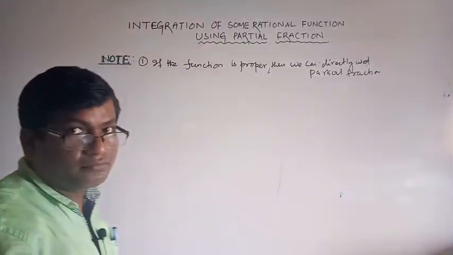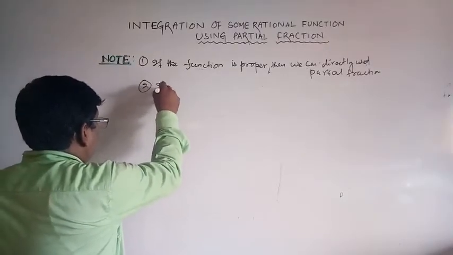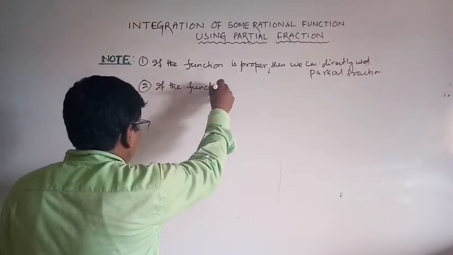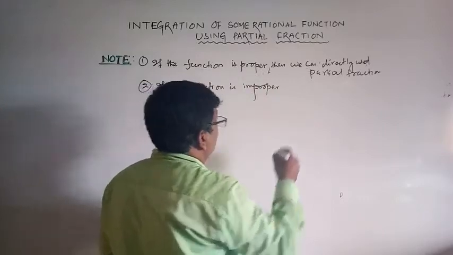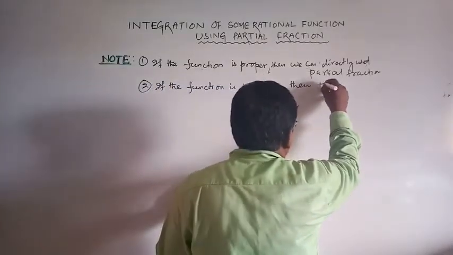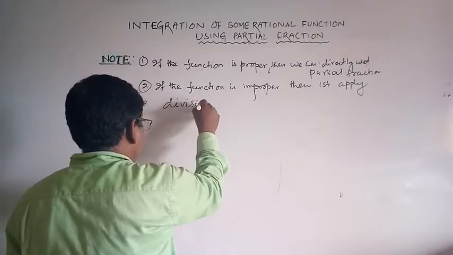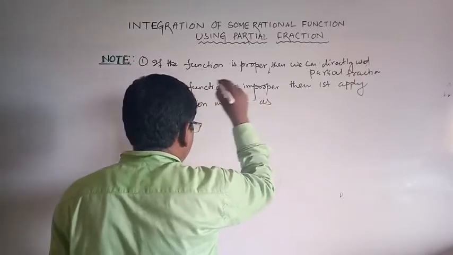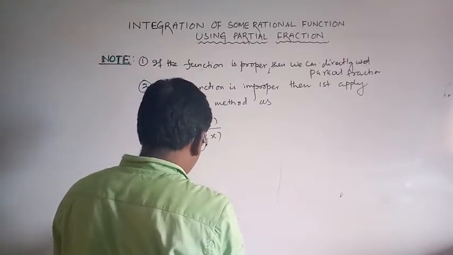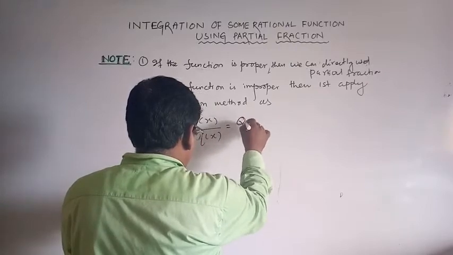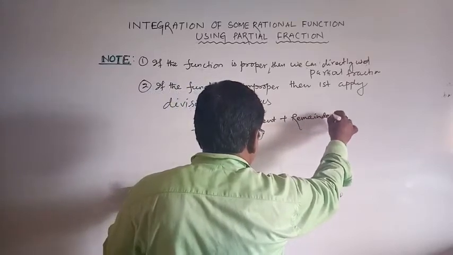Number two: if the function is improper, then first apply the division method as p of x divided by q of x is equal to quotient plus remainder by divisor.